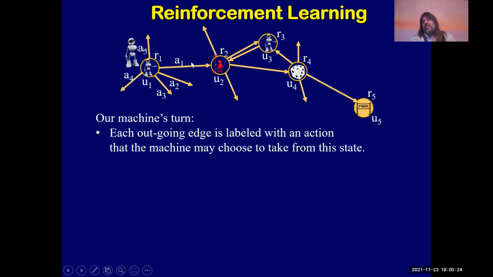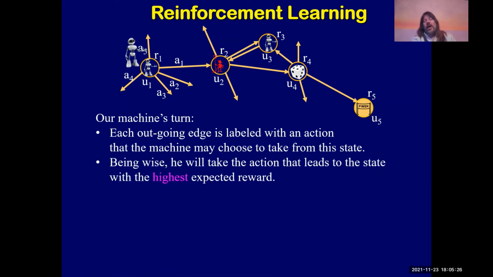And which action does he take? Well, being wise, he takes the action that leads to the highest expected reward. He goes to the state where the R value is the biggest. So there, the highest one is R2, and so he moved over there.